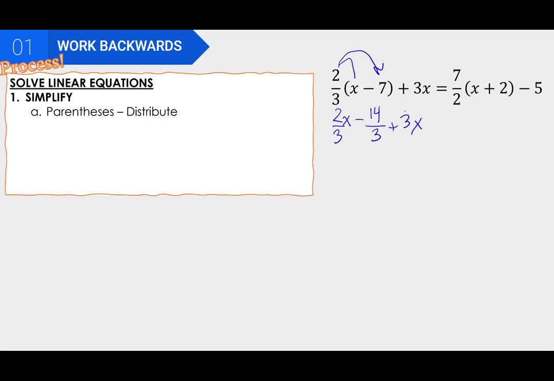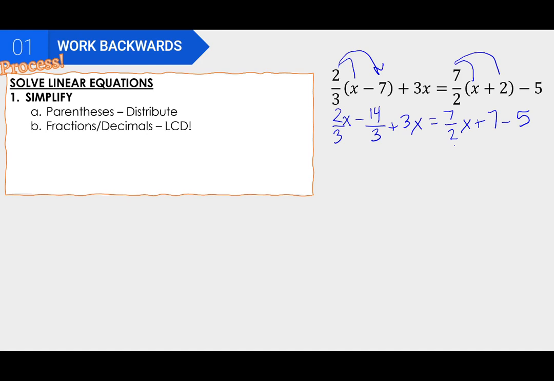And then on the other side, there is also something that can be distributed. We're going to distribute the 7/2 inside here. Give that equal sign. 7/2 times x. And 7/2 times 2. That'd be 14/2, but it also simplifies down to 7, and minus 5. So we have distributed, and that has simplified what we had there.